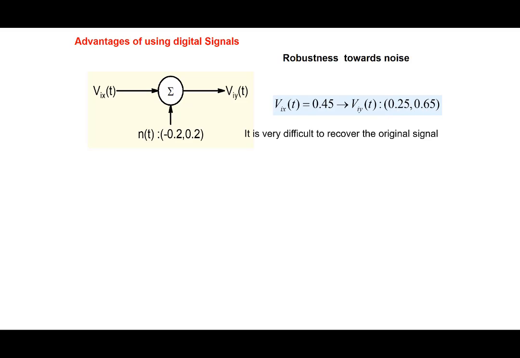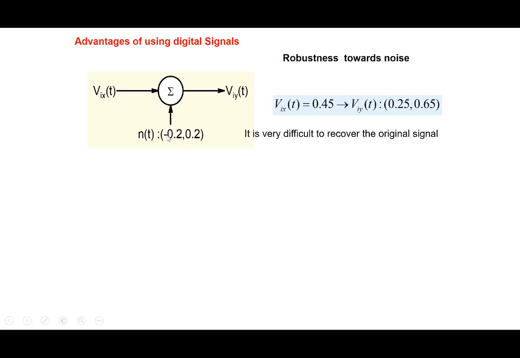And once the noise gets added, it's very difficult to tell what the original signal was. When you obtain, let's say, 0.35 at the output, is 0.35 the original signal, or 0.65, or 0.55? We have no way of knowing, because the noise is completely random.